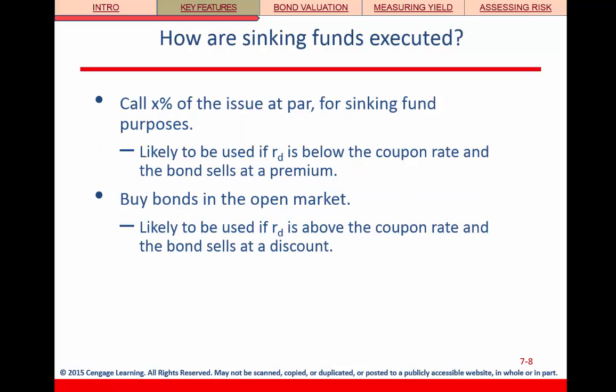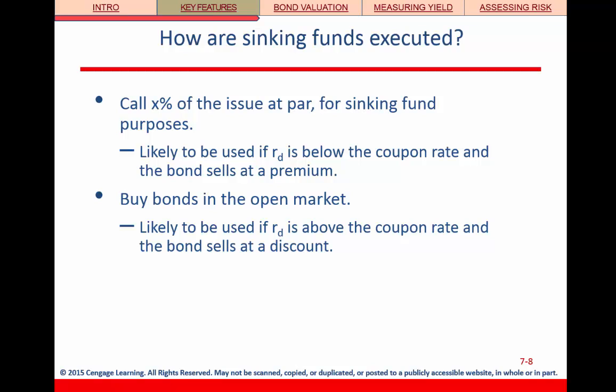For the company, they kind of get the best of both worlds. As they are repurchasing or buying back their principal, if the bonds are selling for a premium, and that means like if each bond was $1,000 par value, and they're selling at a premium, that means they're selling for above $1,000.